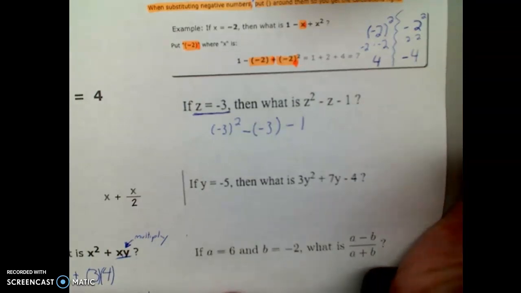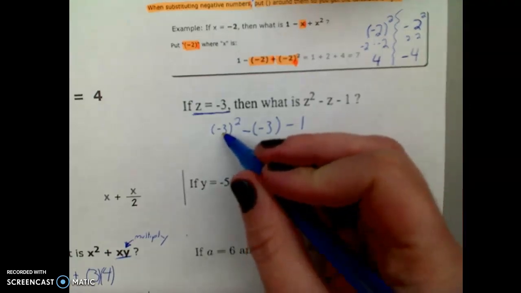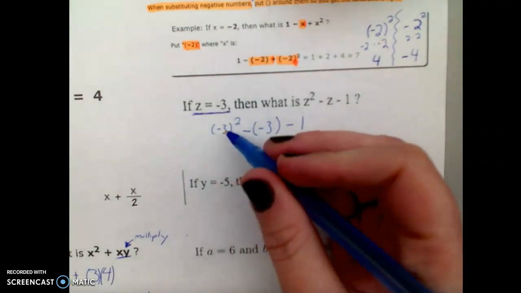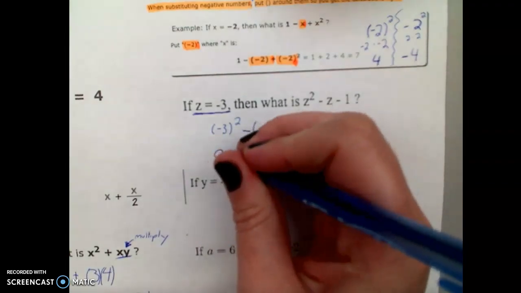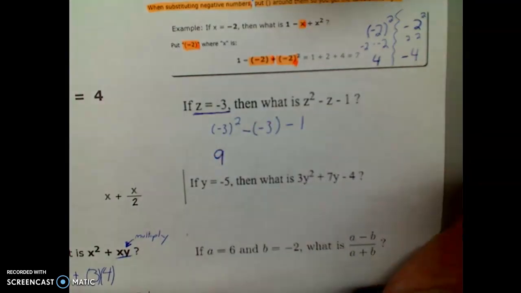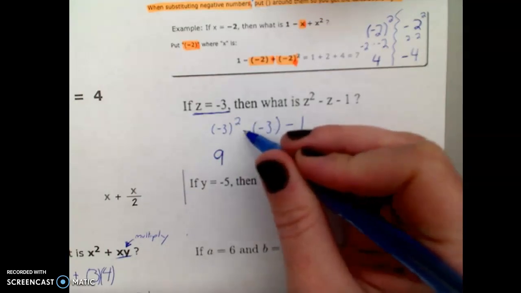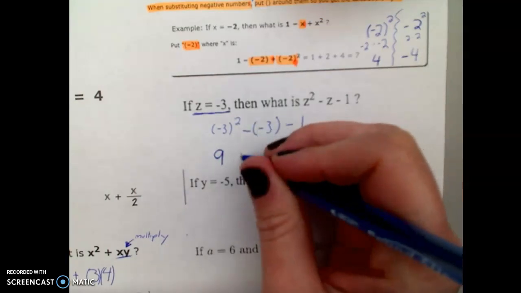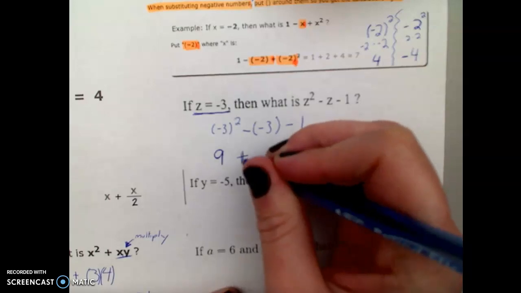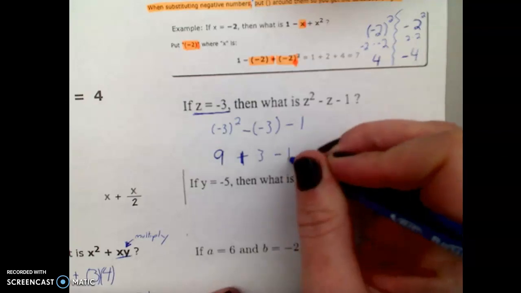Okay, so now everything is filled in, and we're going to use order of operations to solve. I'm going to use my exponents first. Negative 3 times negative 3 is going to give me a positive 9 because we're using the Math Man rules. Then I'm going to change this minus negative to a big old plus sign and bring down the minus 1.